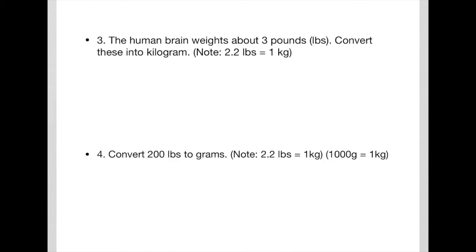Next, this time let's talk about mass. So we have here, the human brain weighs about 3 pounds. Convert this into kilogram. So what do I need? The given here is 3 pounds. Let me write it. So we have 3 pounds. Now, what is my dimension?